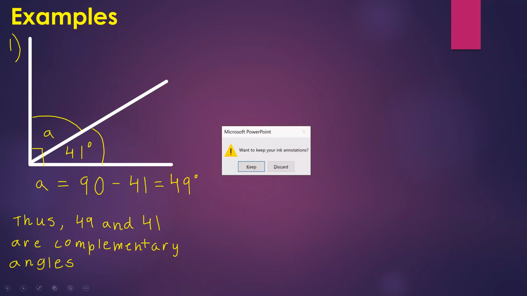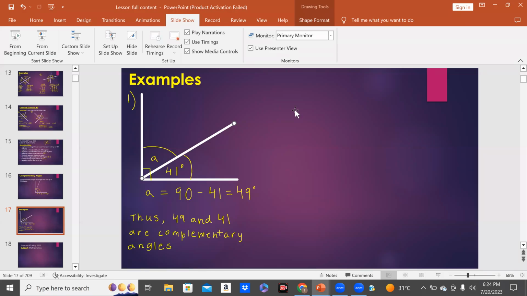All right, so let's do another one. So they are called complementary angles.